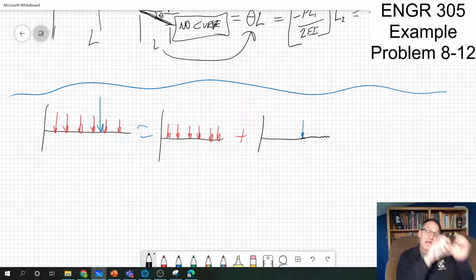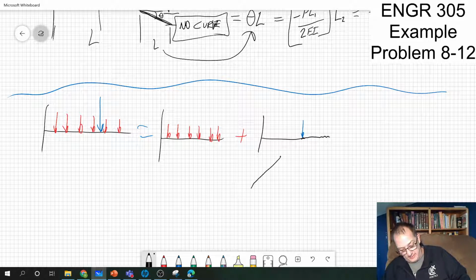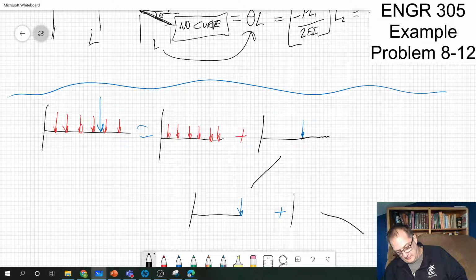Because I was going to say I have a deflection at the end and then I have an angle, but that would have given me another. That broke into this plus this, theta L for this distance. Does that make sense? It's hard.